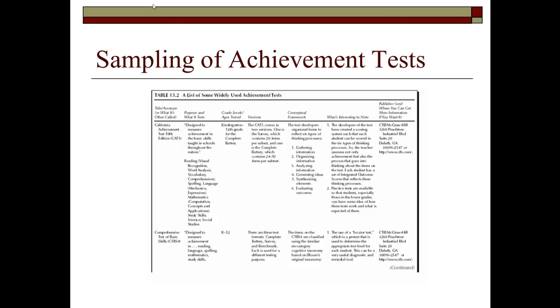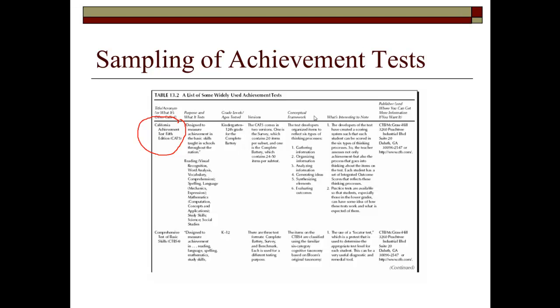So we have here a graphic representation of Table 13.2. I'm not going to go through every one of these tests, but I just want to kind of hit a few of them, which are very common that we use throughout education, and certainly one of the most popular and most used is the California Achievement Test, or the CAT test.